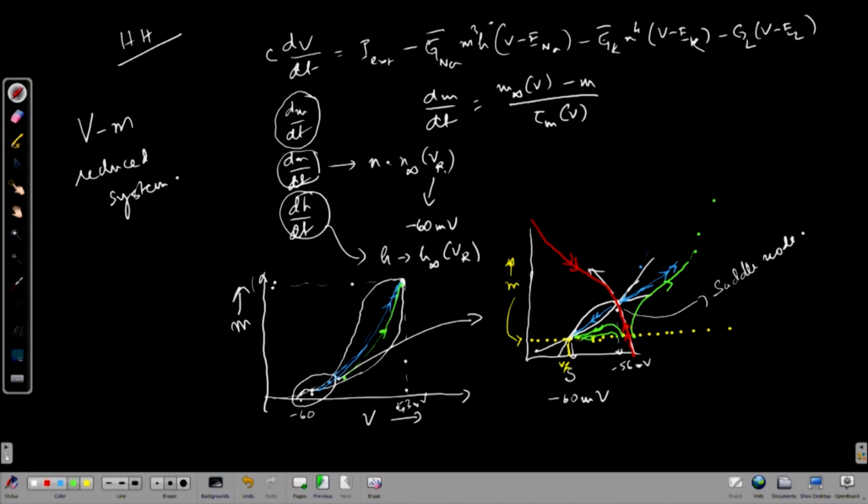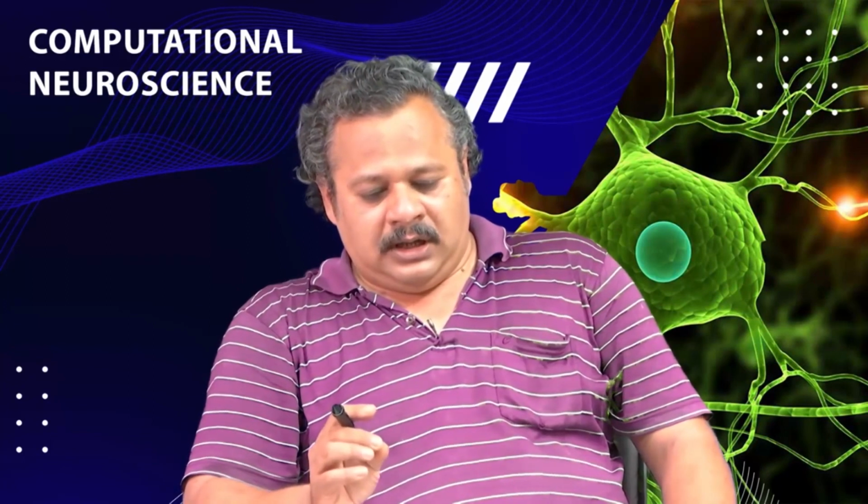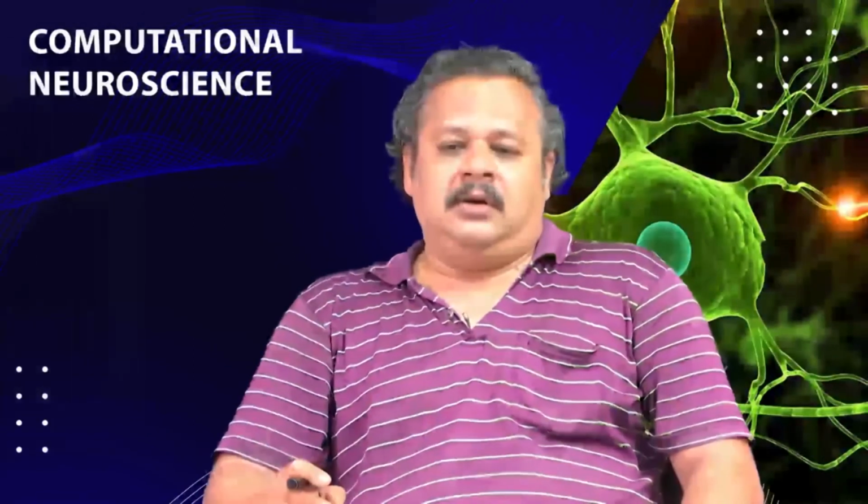If it is below threshold, on the left-hand side of this stable manifold, it goes back to the resting membrane potential. If it is to the right or above the threshold, to the right of the stable manifold, it will produce an action potential. With this we conclude the ideas of threshold, and next we will be talking about oscillations and mainly about limit cycle behavior.